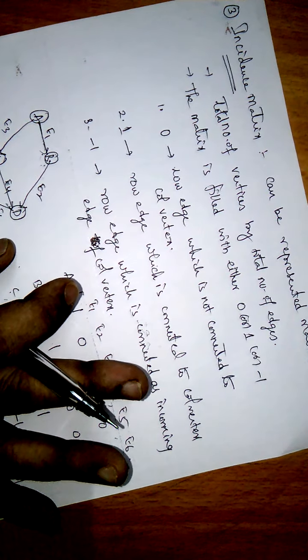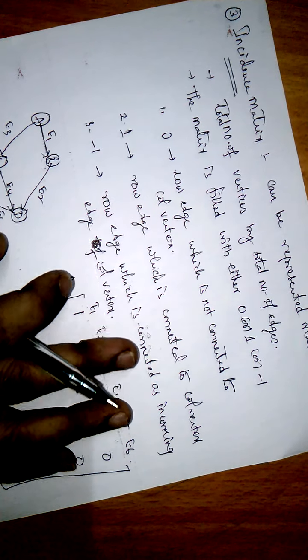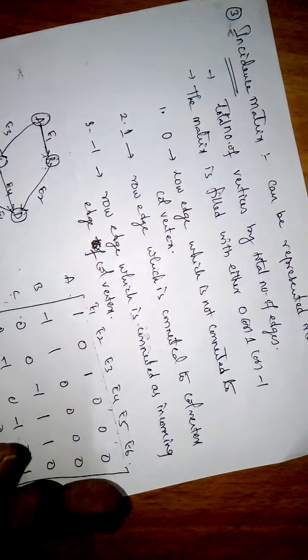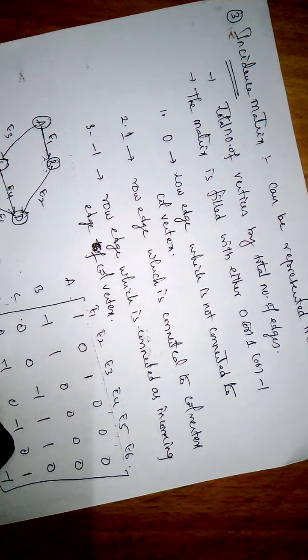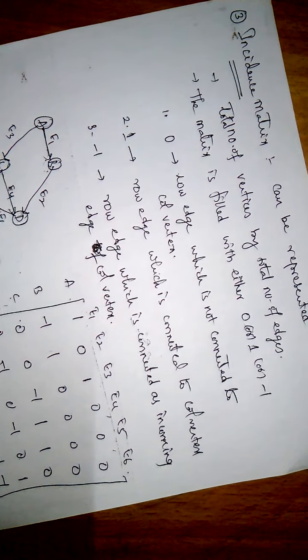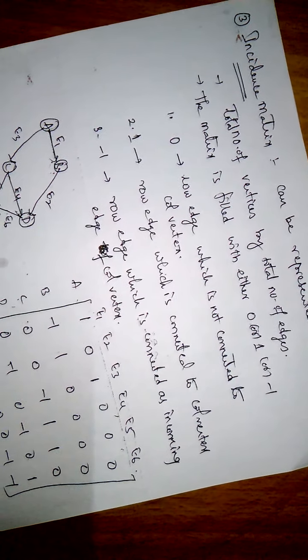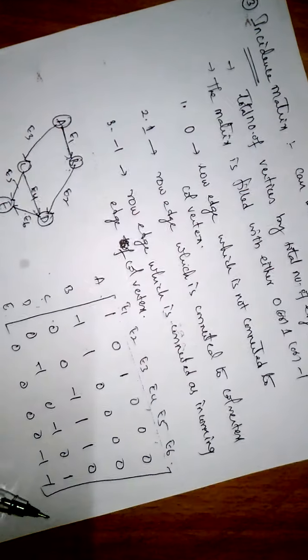If there is no edge connected to a particular vertex, then it is represented with 0. And if there is any incoming edge for a particular vertex, then it is represented with minus 1. Suppose you see this example.